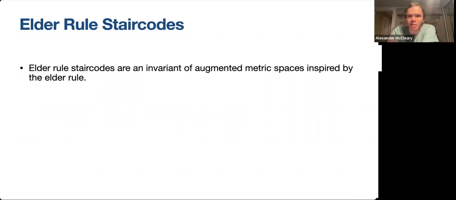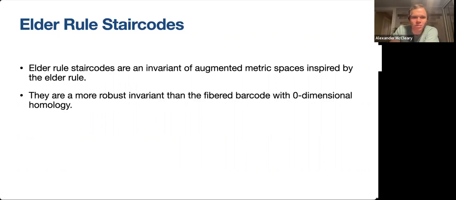Okay, and so this idea can be incorporated to give us an invariant for augmented metric spaces inspired by the Elder rule. We're not going to go too into the details of this invariant, but it's a more robust invariant than the fibered barcode.